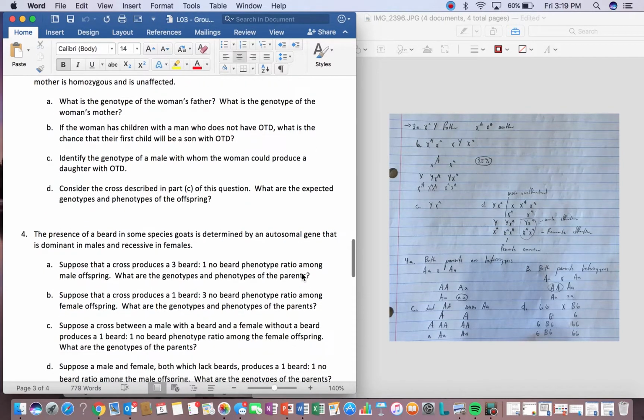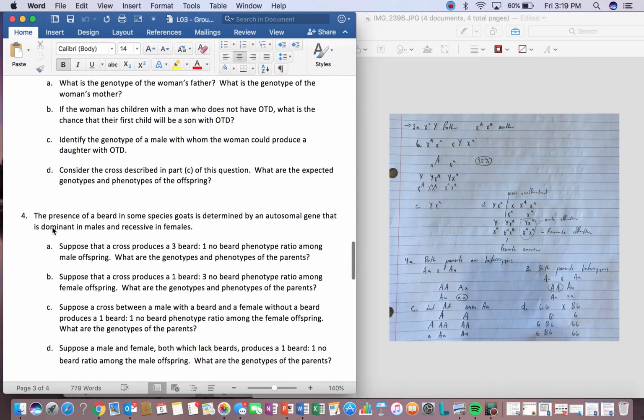What we're looking for here is that we have to be dominant, either homozygous dominant or heterozygous dominant. If we were to do a cross with a heterozygous male and a heterozygous female, we would end up with the results of 3 beard and 1 non-beard.